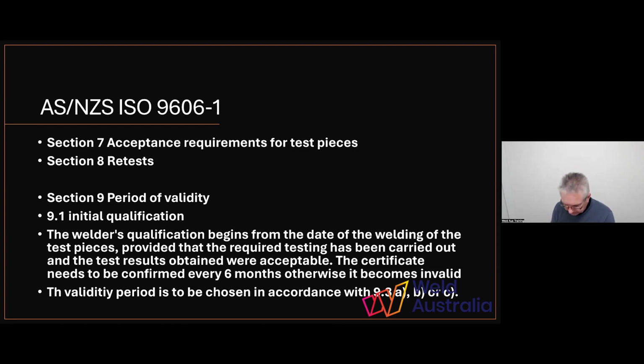Or C, it says a welder's qualification for any certificate shall be valid as long as it's confirmed according to 9.2 and provided all the following conditions are fulfilled. So the welder is working in the same manufacturer for whom he or she qualified and is responsible for the manufacturing product. The manufacturer's quality program has been verified in accordance to ISO 3834-2 or -3.